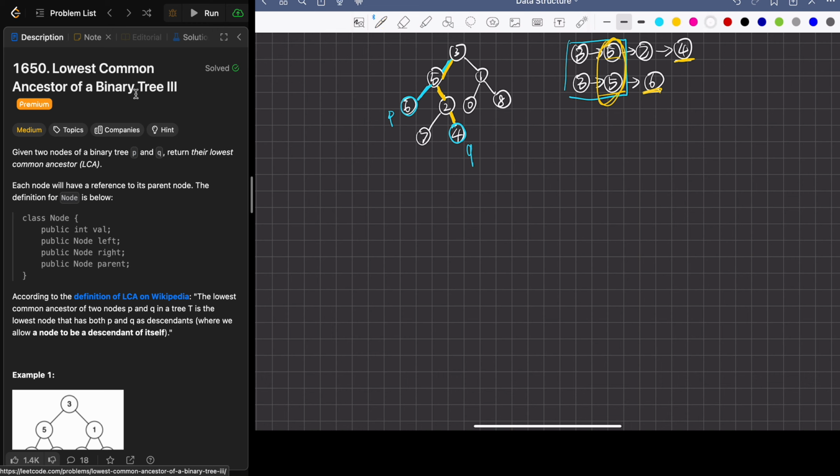So here is the node 3, pointed to 5, and then one is pointed to 6, another one is pointed to 2 and 4. Because we only know these two nodes, 6 and 4, we need to find the intersection of them. I remember this is a kind of linked list problem we need to solve.